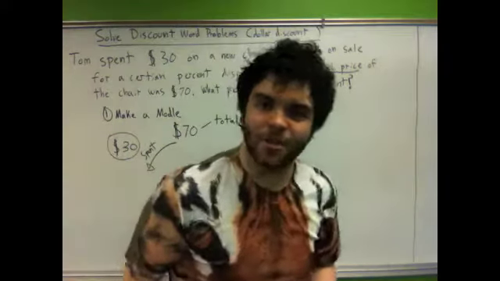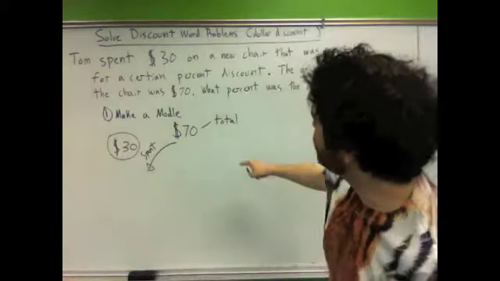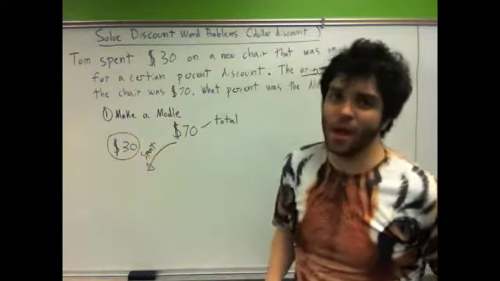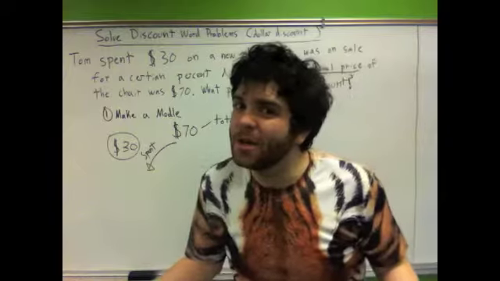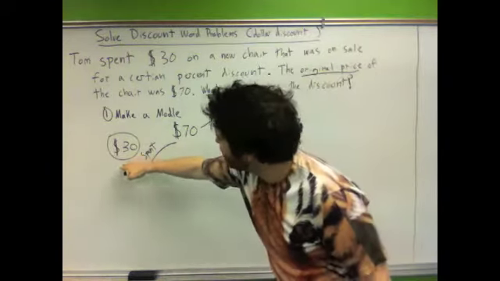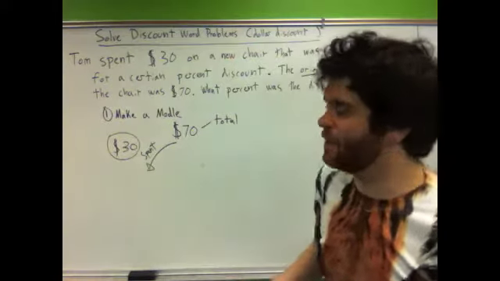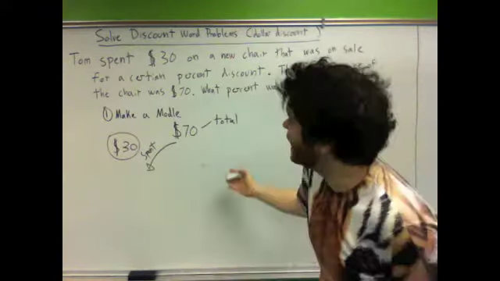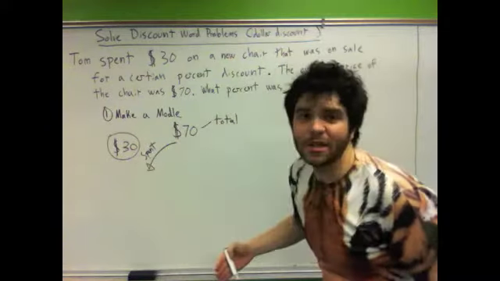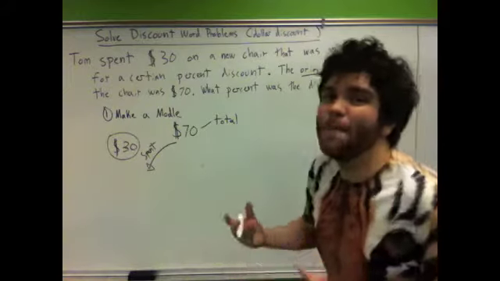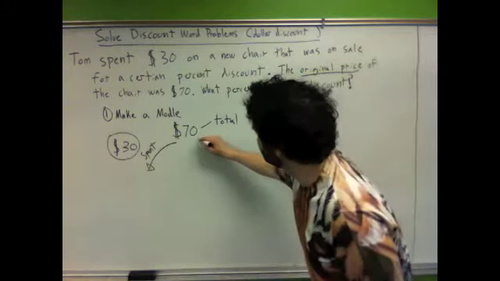Well, for our subtraction masters out there, if the original price was $70 and you only spent $30, how much did you get off, right? Because it's got to be something plus 30 is going to get you back to 70. I spent 30, it was originally 70. How much did I get off? How big was my deal in dollars?